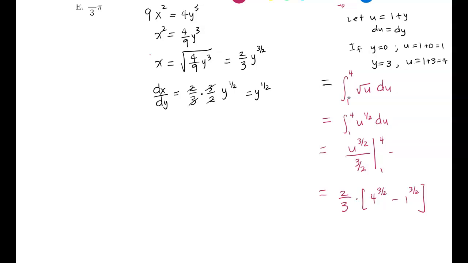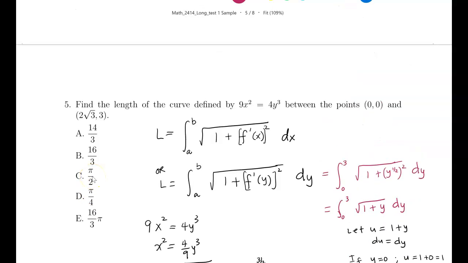So 2 cubed, that's 8. And the second term is 1 raised to any power, which is just 1. So you will have 2 over 3 times 8 minus 1, which is 7. So this is equal to 14 over 3. And that is choice letter A.